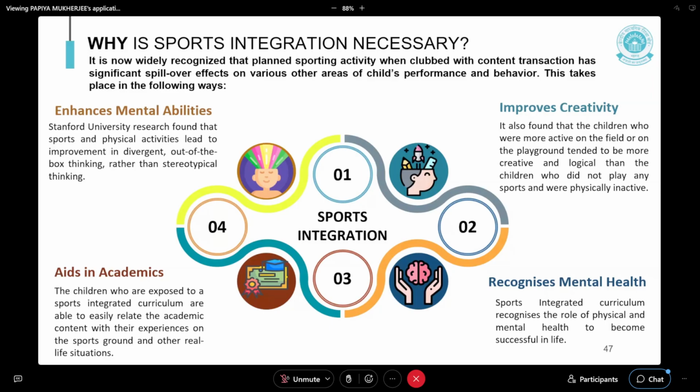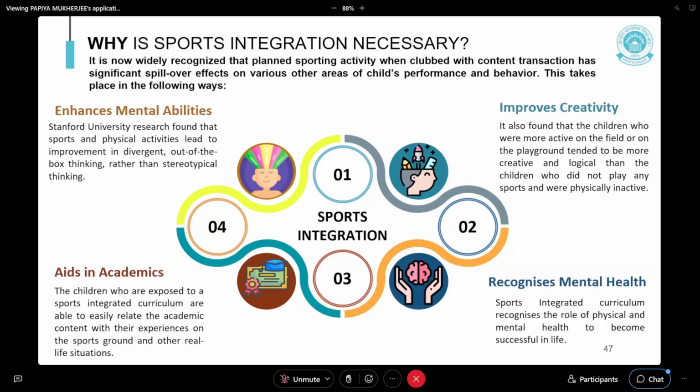Probably sports is one which teaches us, like no other stream, the power of resilience, the power of cooperation, the power of mental health. Mental health issues are addressed when we integrate sports into curriculum. It enhances the mental abilities also because it leads to out-of-box thinking.